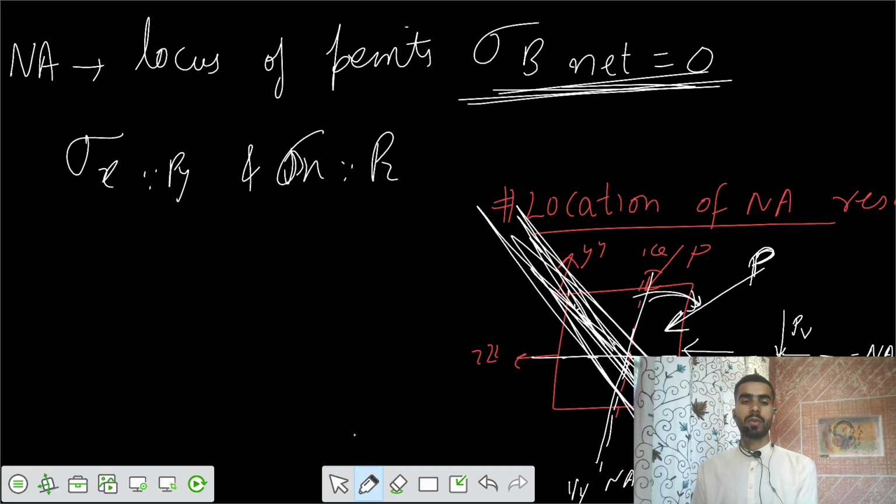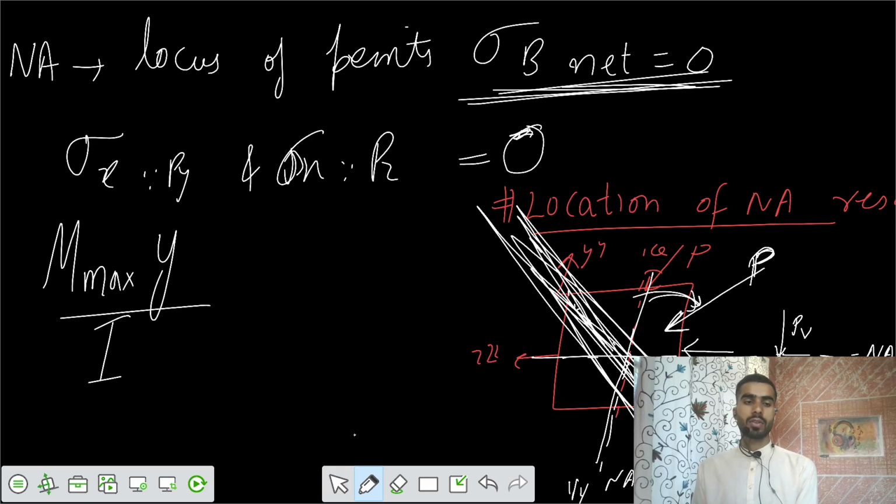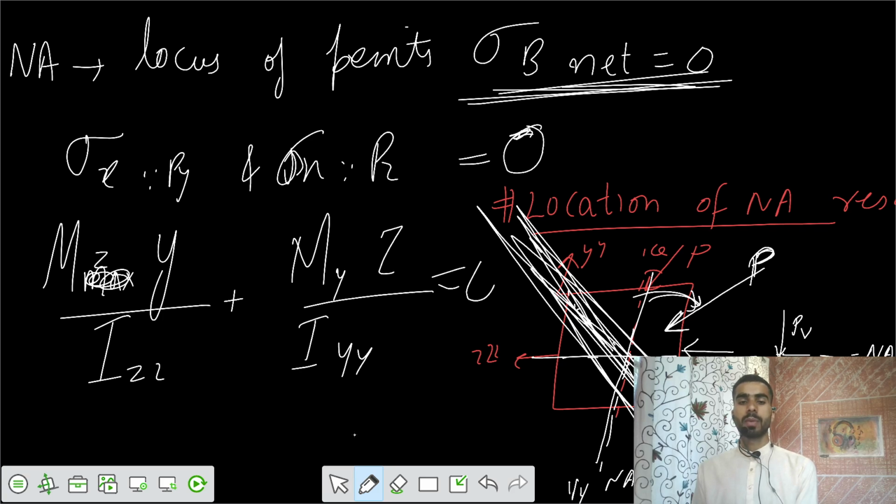If you add them, you equate them to zero. The equation is Mz times y by Izz, plus My times z by Iyy, equals 0.